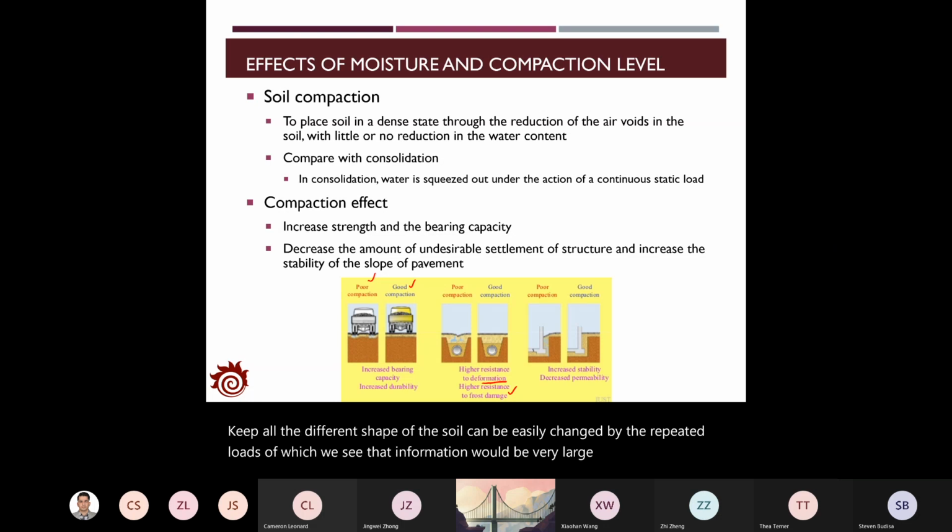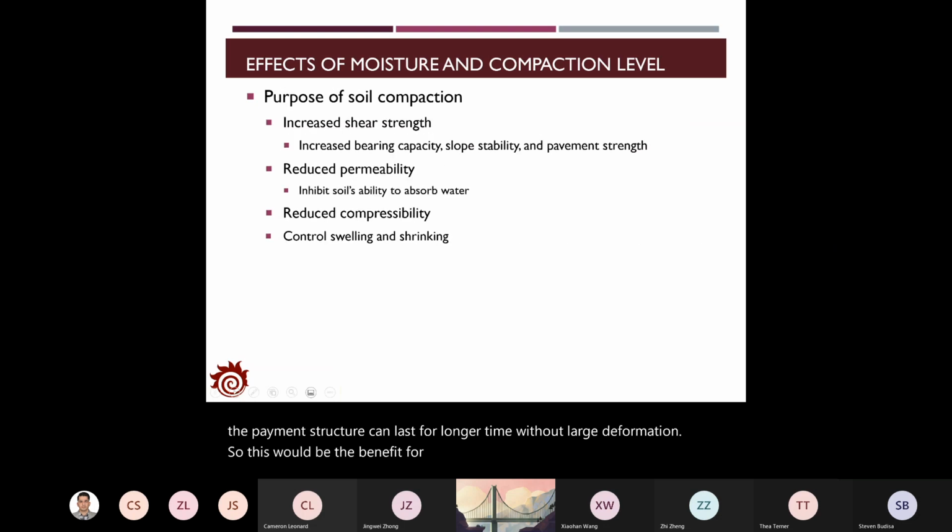And of course, compaction is able to increase the stability and decrease the permeability, which means that the pavement structure can last for a longer time without a large deformation. So this would be the benefit for us to introduce the compaction.